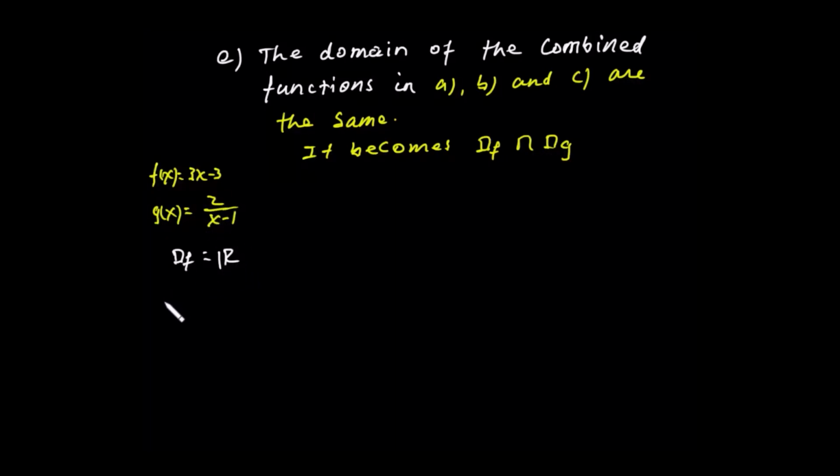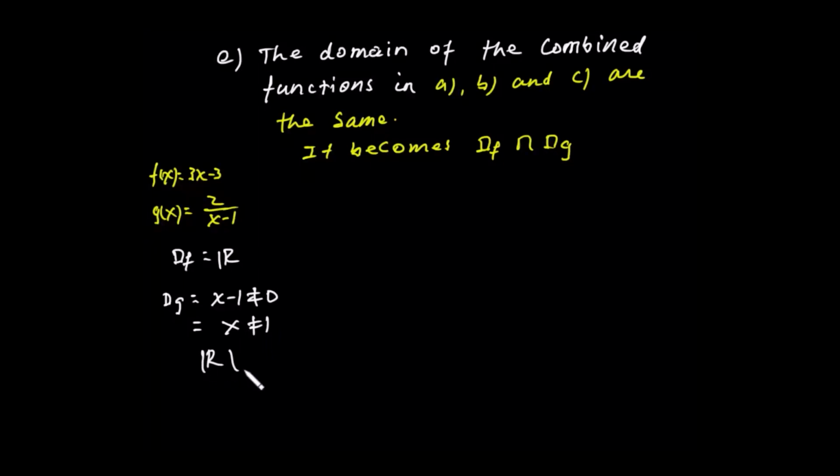So what do we do to find the domain of g? x minus 1 must be different from 0, the denominator must not be 0. This is equal to x is different from 1, all real numbers except 1.